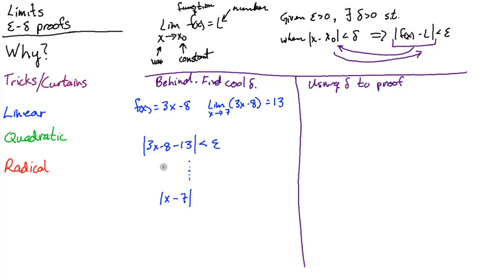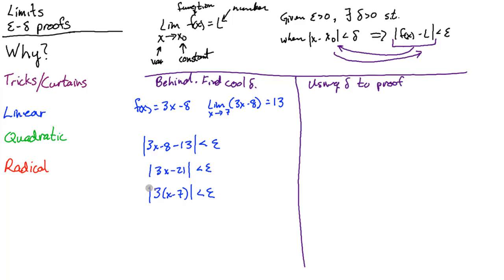Okay, so let's undo that and let's see if we can make it come out to an x minus 7. So here we have an absolute value of 3x minus 21, that's less than epsilon. And then let's factor out a 3. x minus 7. Oh my goodness, look, there's an x minus 7. How convenient was that?